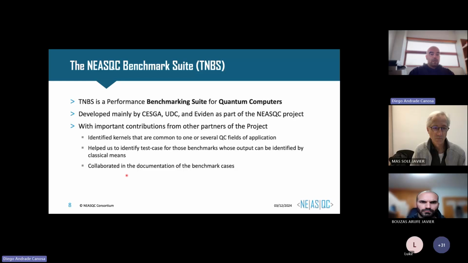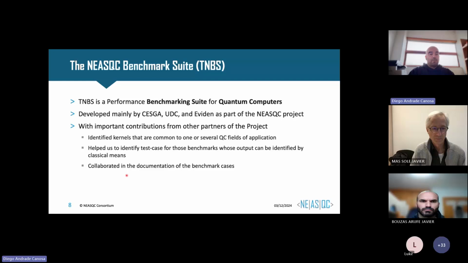Also, other partners of the project contributed to the suite because they were specialists in different areas of application of quantum computing. So they helped us to identify the kernels or the tasks that are common to one or several quantum computing fields of application. They helped us also to identify a test case for those benchmarks. I'm going to tell you later what a test case is in our suite.